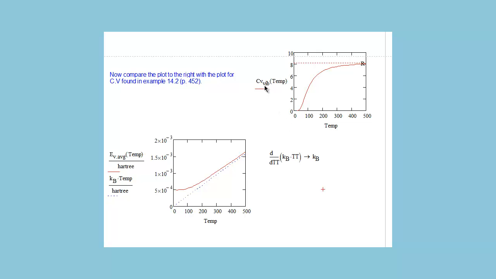Heat capacity is a molar quantity, so we would want to multiply that by Avogadro's number. And this quantity is the same as R. So Avogadro's number times k is just equal to R.